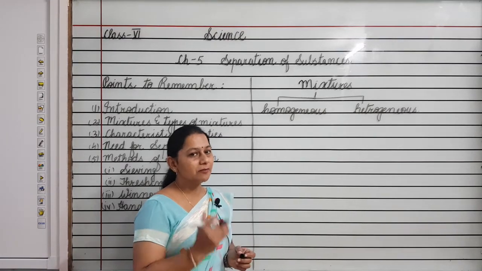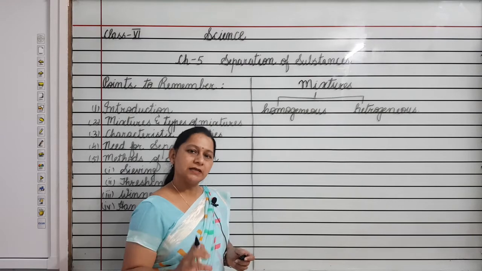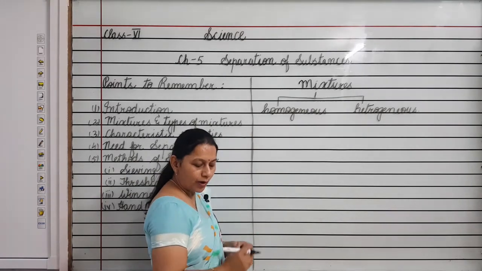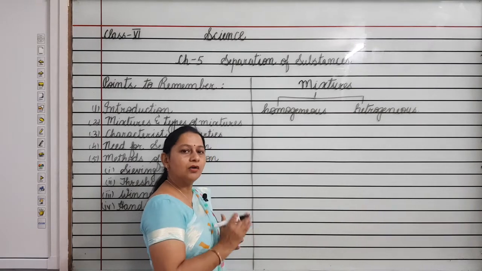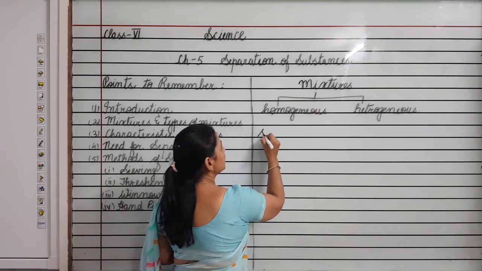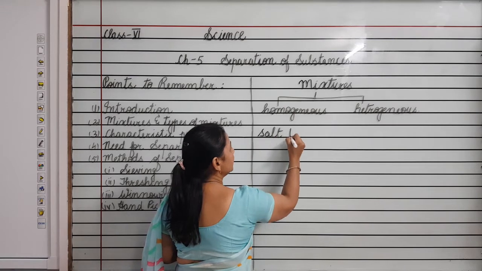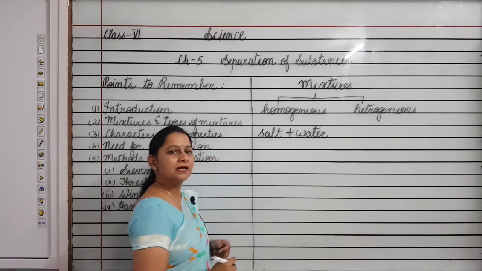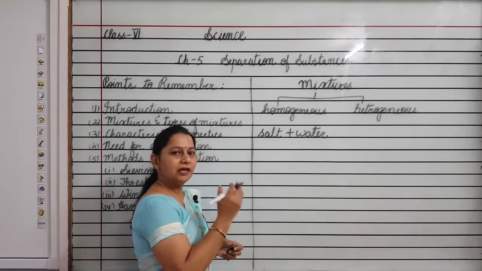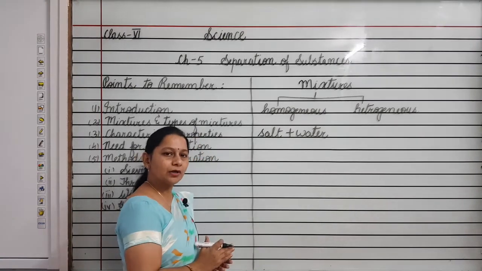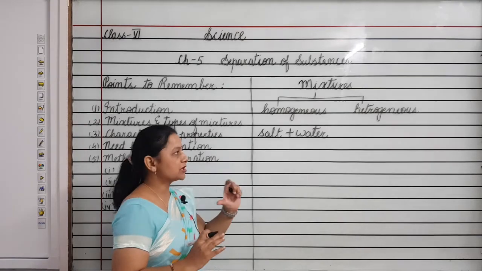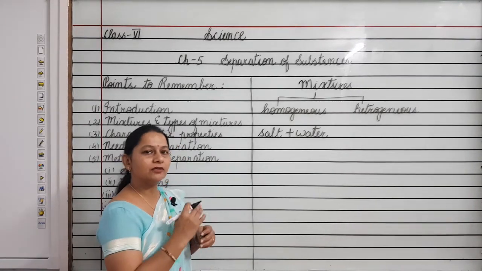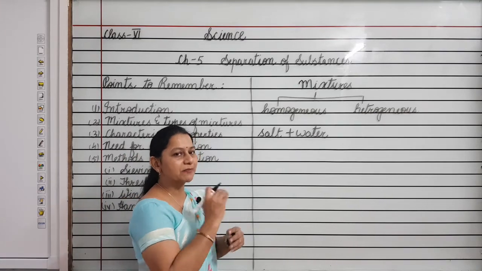We are not able to see the components separately. So, a homogeneous mixture is a mixture where the components are not visible to us, like salt and water. Similarly, if I mix lemon juice with water, they both form a mixture in which the constituents are not visible separately.